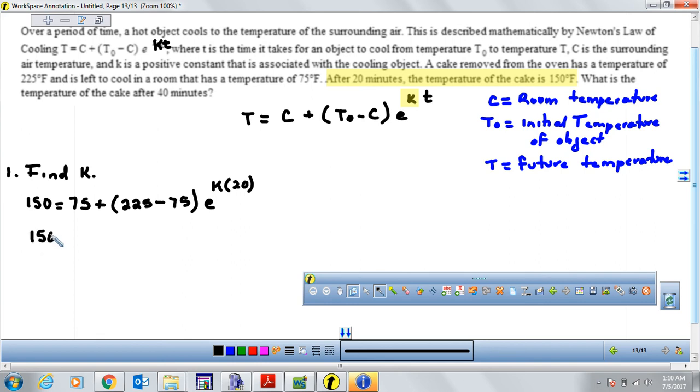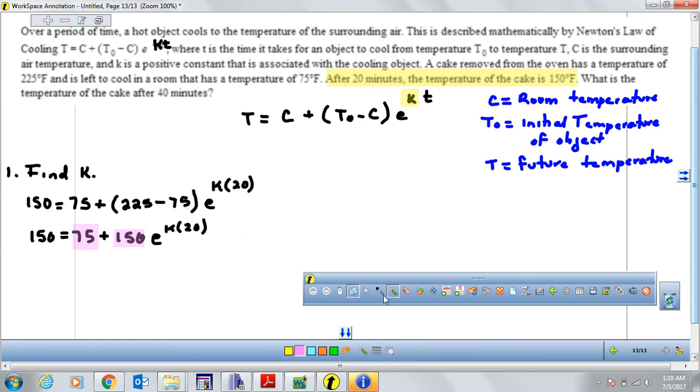So we get 150 equals 75 plus 225 minus 75, which is 150, times e raised to the K times 20. One thing I want you to keep in mind, as I said before, is that this 75 and this 150 here will not change, because that is my room temperature and my initial temperature. Those are going to stay constants.